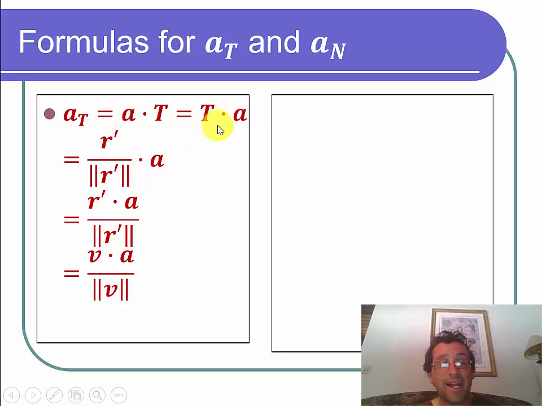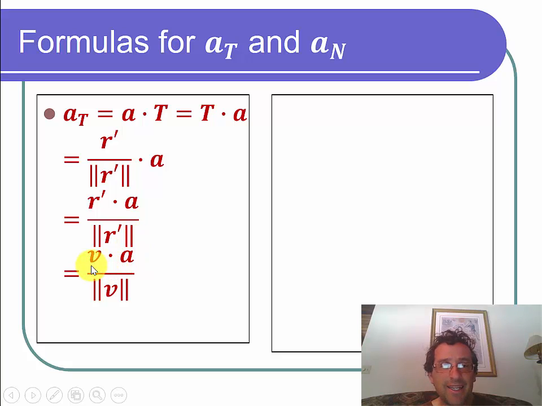And then a dot t is t dot a. Hopefully you know that. That's the commutative property of the dot product. And then t was r prime over the magnitude of r prime. So we still have dot a. Then we could put this all in the numerator, and we could write this as equal to r prime dot a over the magnitude of r prime.